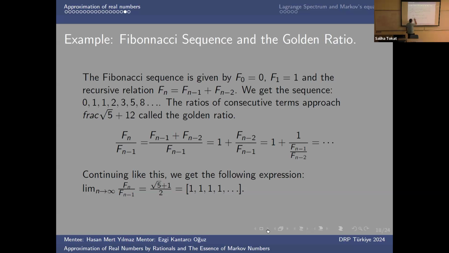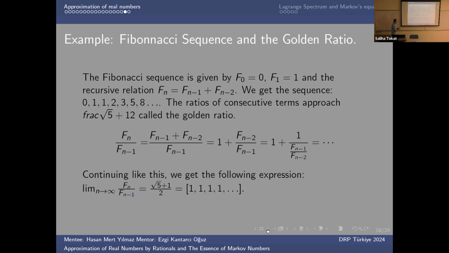This is equal to this expression plus 1, where this is F_(n-2) over F_(n-1). Flip this fraction, we get this. So, the same representation nearly. If we use recursion, we get this continued fraction for the golden ratio.